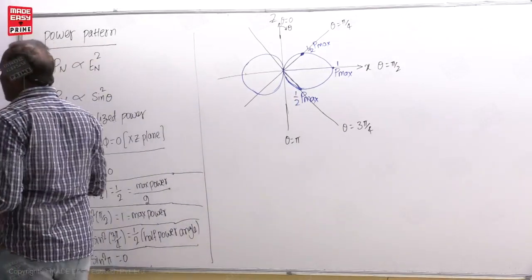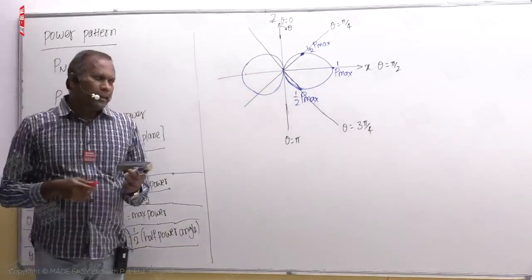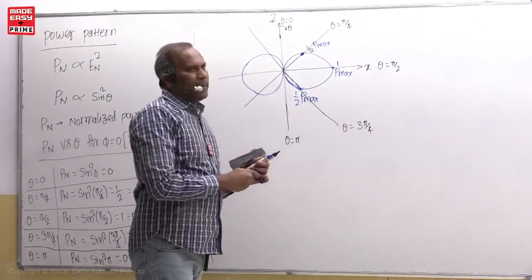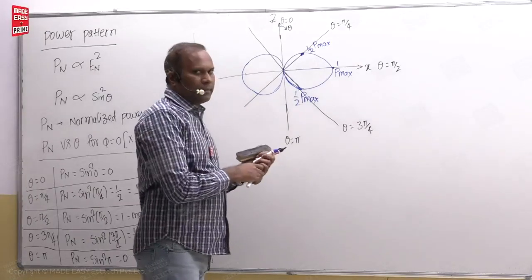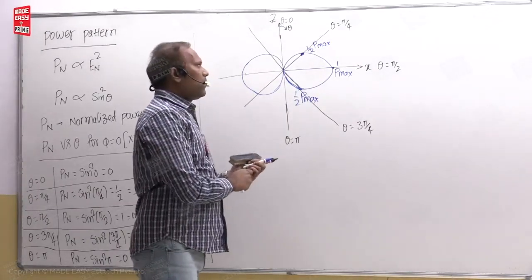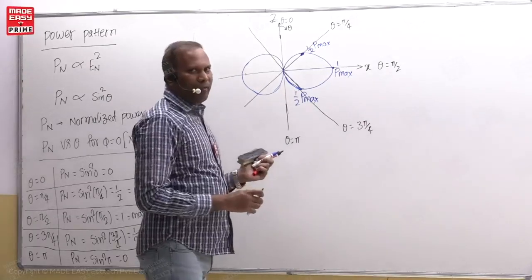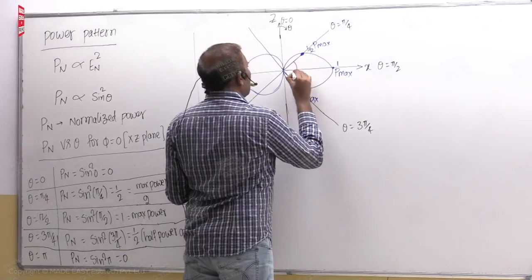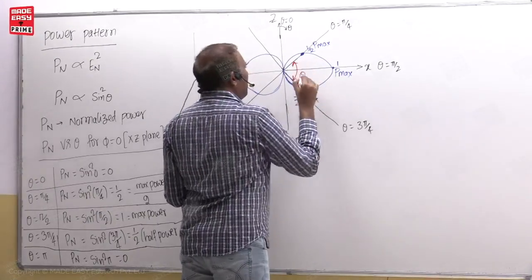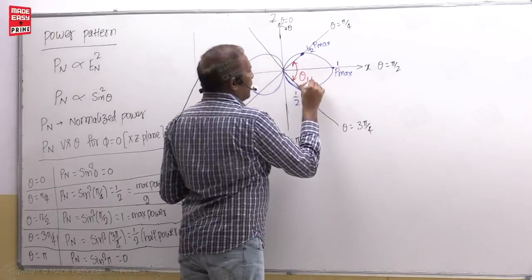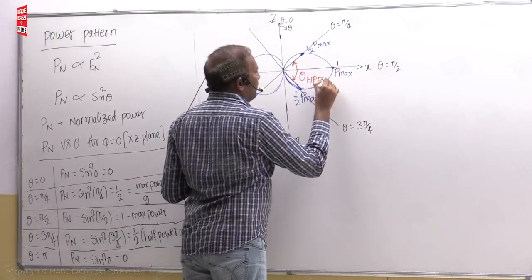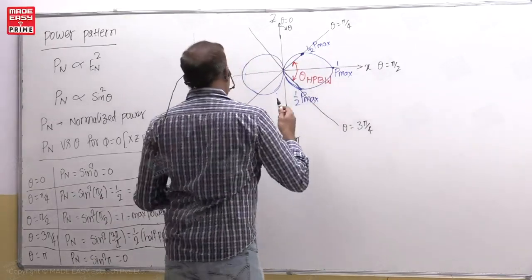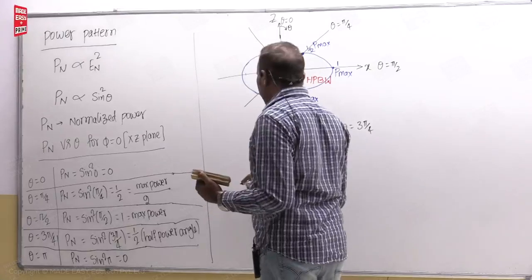The angle between half power points is called the half power beam width, HPBW. Theta means the angle symbol. For the Hertzian dipole, half power beam width.